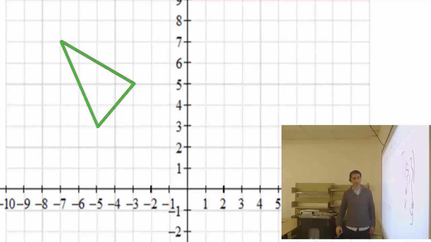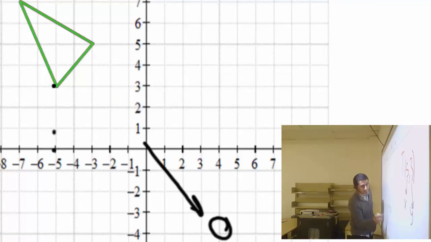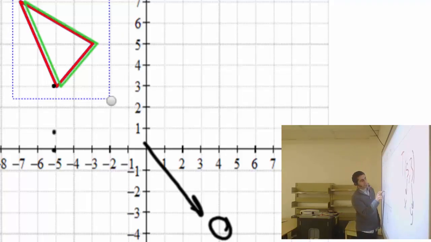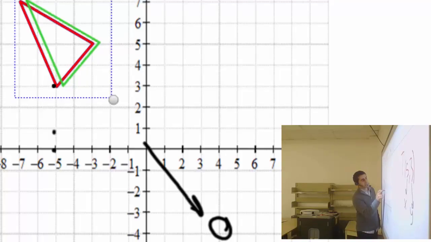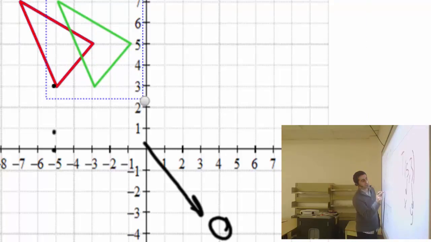So I am picking this one, and that is at -5. So go 5 units there. That means I have to be on the 0 line for X. So let's do that. Exactly the same. I'm not changing anything, I'm just moving it.